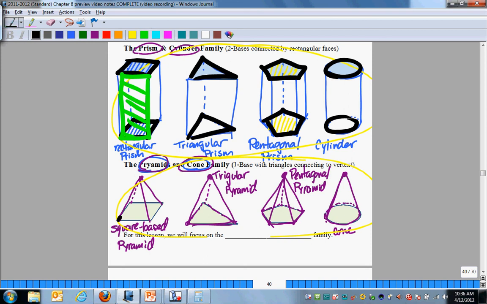In a pyramid, you only have one base, and we're connected by triangles this time, except for the cone, which is its own shape. So for this lesson, we're going to stay focused on the prism and cylinder family.